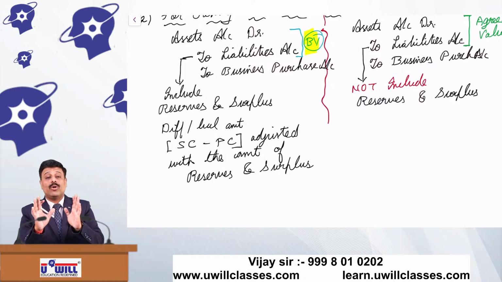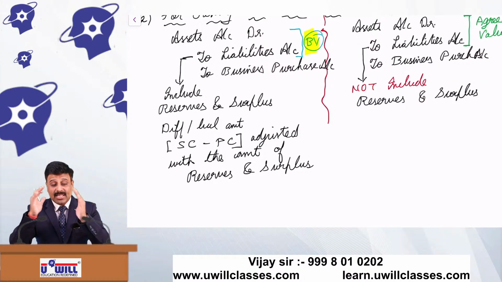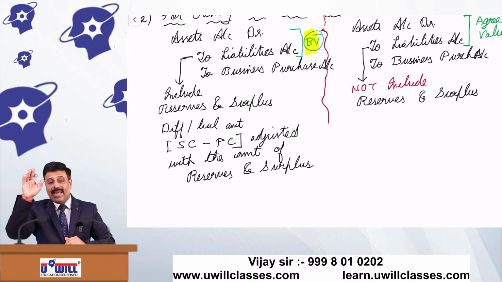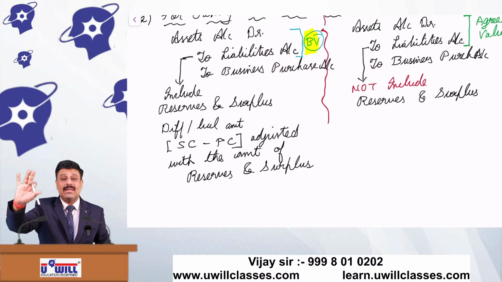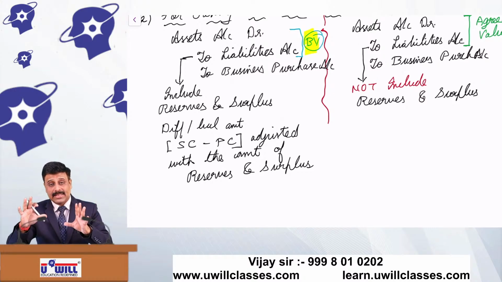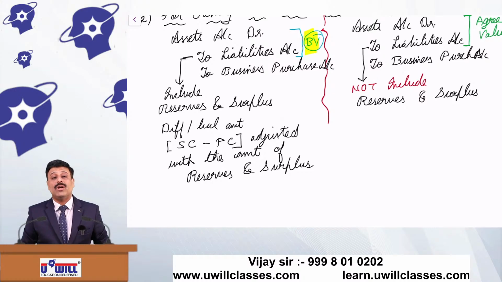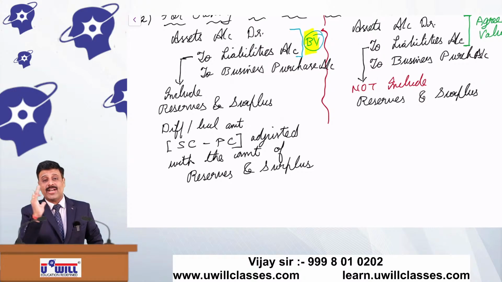Any difference amount between share capital and purchase consideration. So let us say that A limited share capital 50 lakhs, B limited share capital 40 lakhs, 90 lakhs. Total purchase consideration payable to both is 80 lakhs. So 10 lakhs here is a profit that will be credited to P&L account.